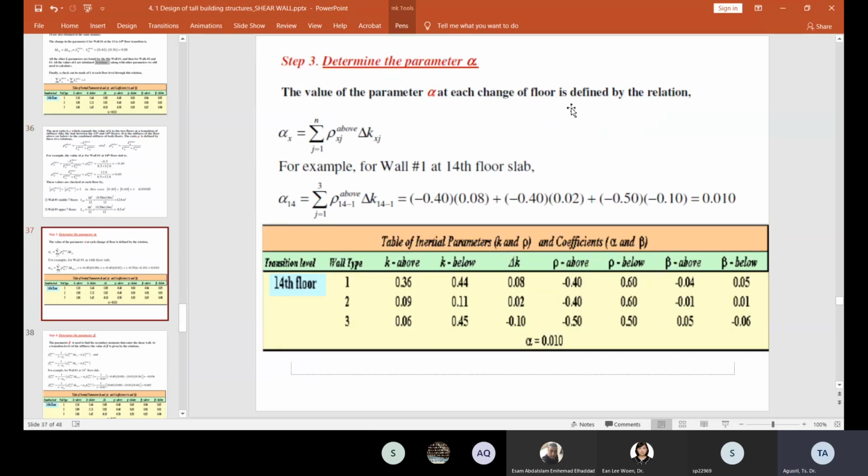And then the next step, okay, so this rho that we get from the previous slide, and after that to calculate the beta. Sorry, before we get the beta, we need to get the alpha first. So to determine the parameter of alpha, this is the value of parameter alpha at each change of floor, defined by the relation of the summation of the rho above multiplied by delta K xj.